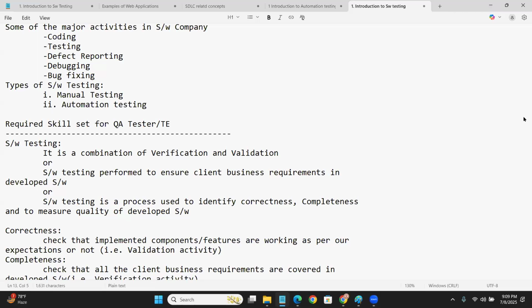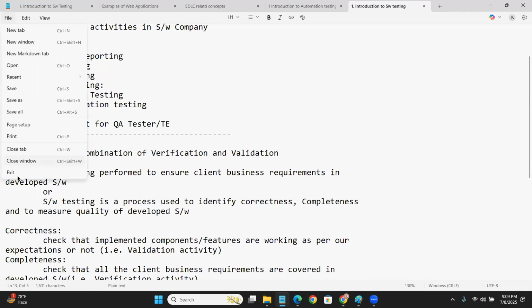Now, what is the meaning of correctness? If I have the Notepad application and I go to the File menu, there is a Save option. Is it working correctly or not? If I am able to save the document with this option, only then I will say it is working correctly.